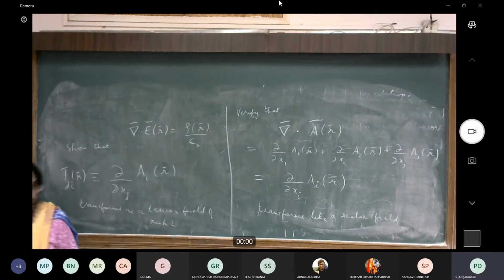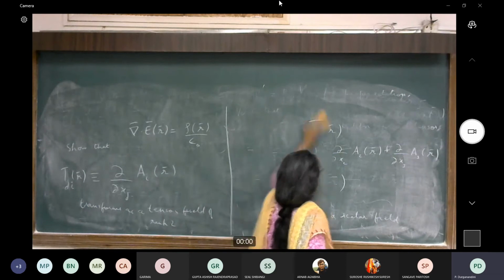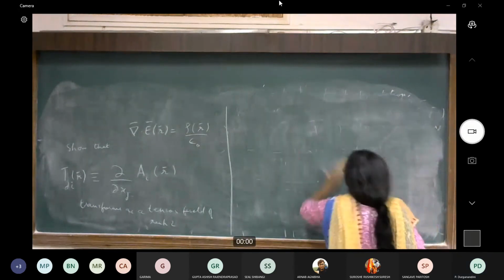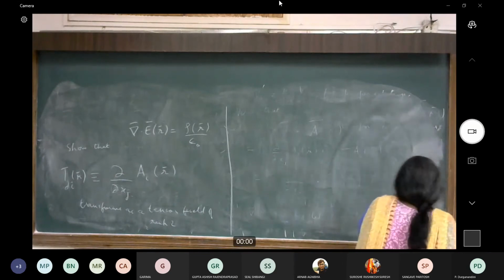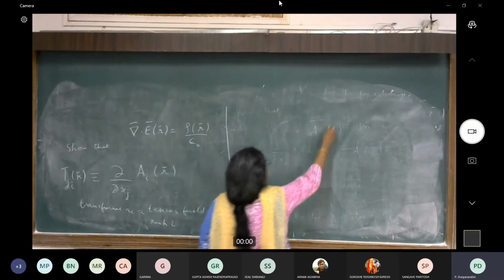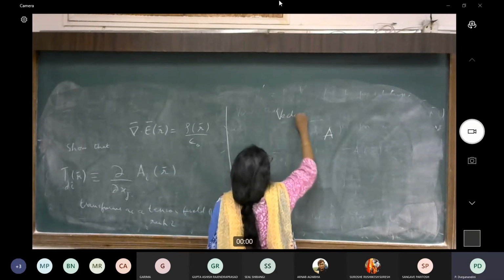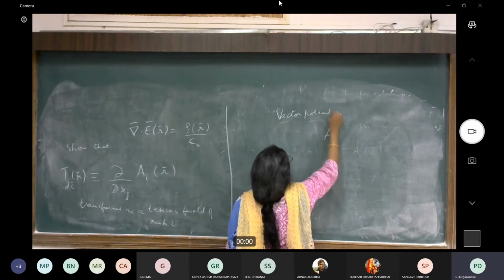In particular now, if you go back to your electromagnetic theory, electrodynamics, consider this object. You have the vector potential. This is your usual vector potential. Maybe I'll give this example a little later.